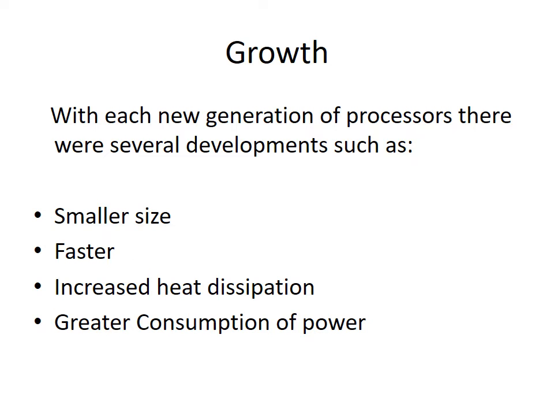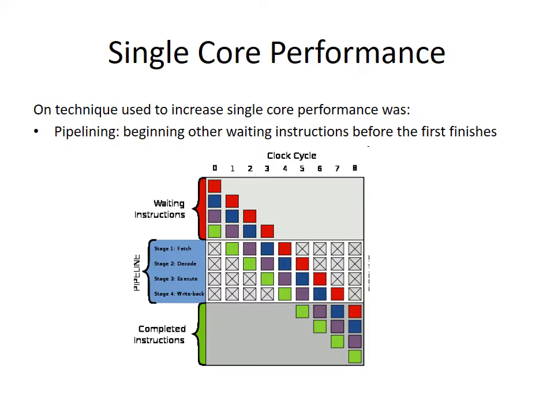In every new generation of processors, there were several developments such as smaller size, faster speed, increased heat dissipation, greater consumption of power, etc. Let's know about the performance of single core.